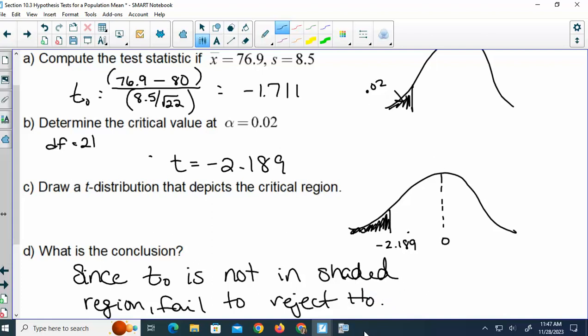Okay, we don't have enough evidence to prove that the mean is lower than 80. So that's our classical approach. Any questions on that one?